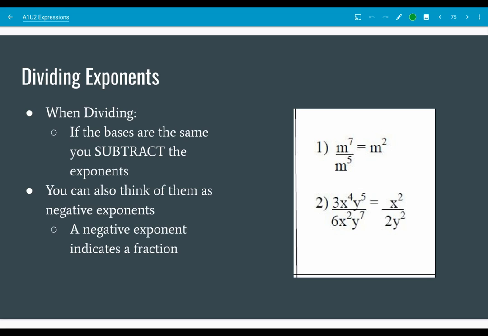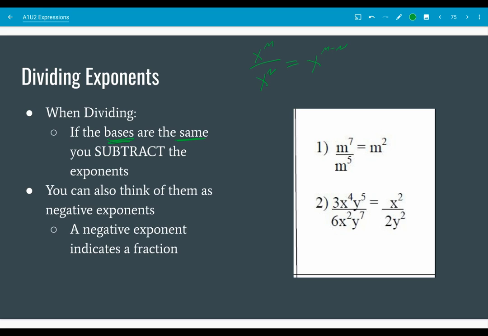Dividing exponents. Dividing exponents says that if we're dividing like bases, that's the important part, we subtract the exponents. So x to the m over x to the n is x to the m minus n power. Okay.